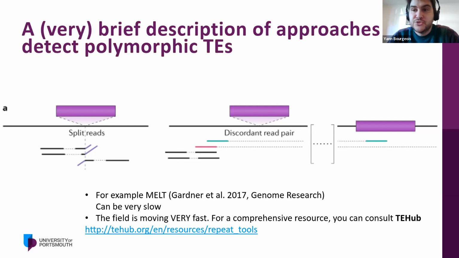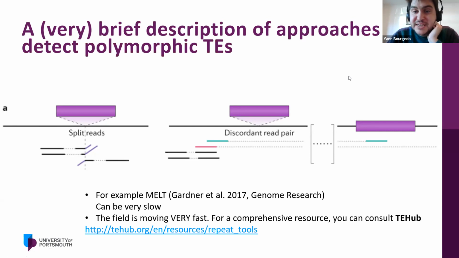But the reads that are interesting for us are the ones that are split. For example, let's say that here we have a transposable element in a specific individual that we just resequenced. This transposable element is not found in the reference genome. So what's going to happen is that you have those reads in black, they map to the reference, and at some point, there is part of the sequence that actually maps on the transposable element.